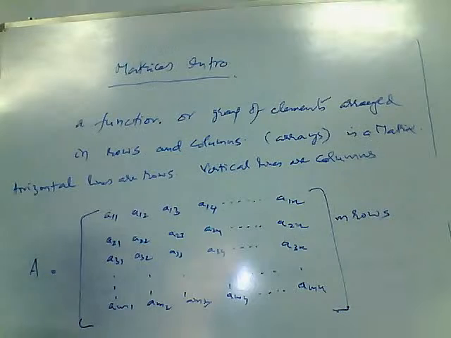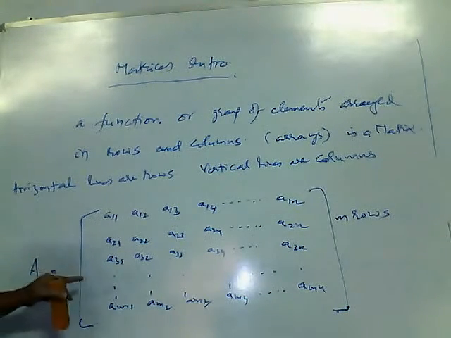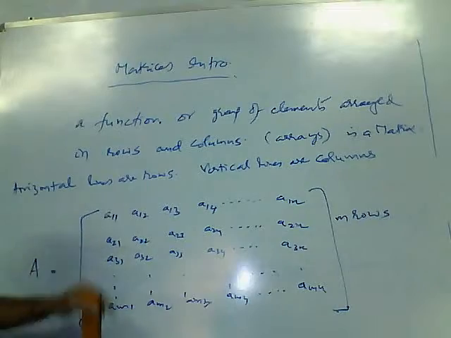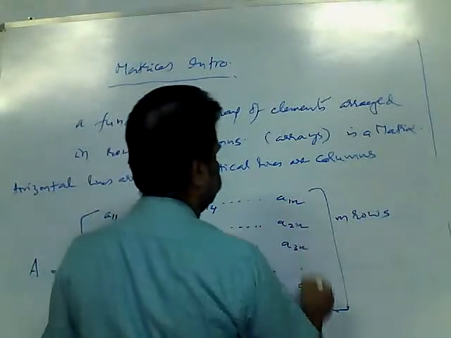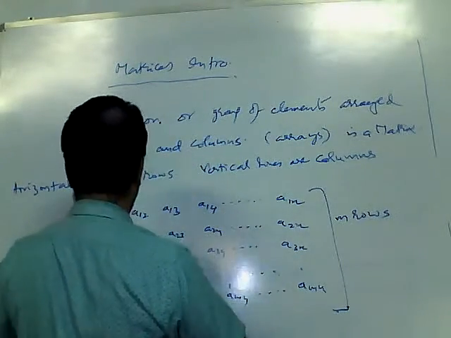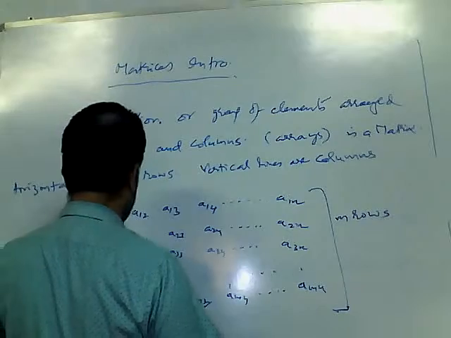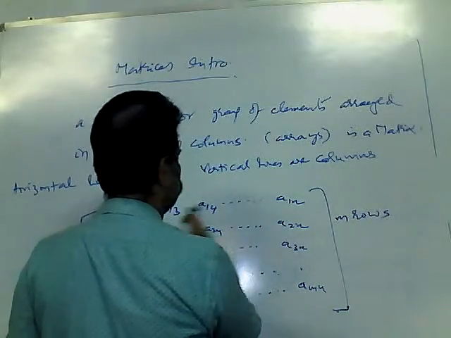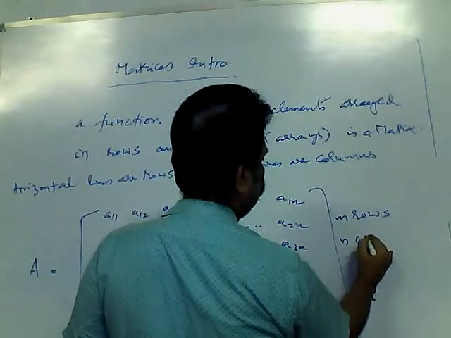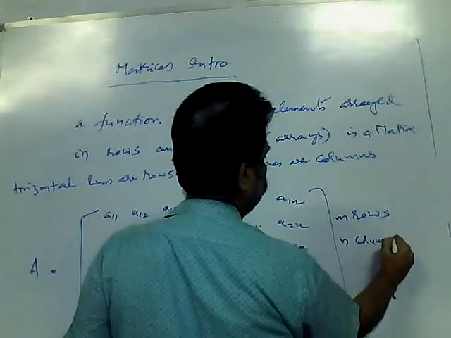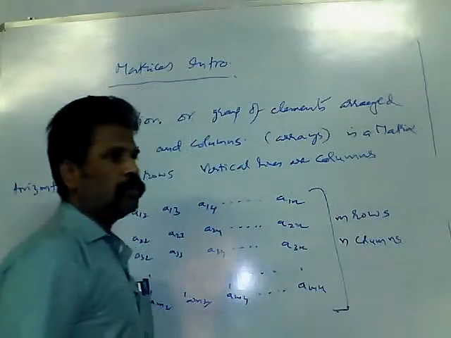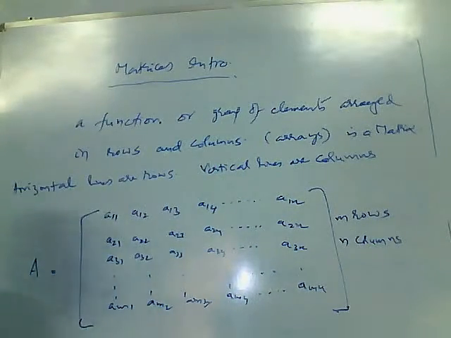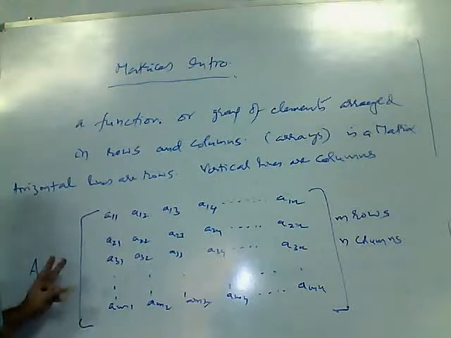Right? So in that case, you can take M rows, and columns 1, 2, 3, etc., N columns. So there are M rows and N columns. Are you clear?